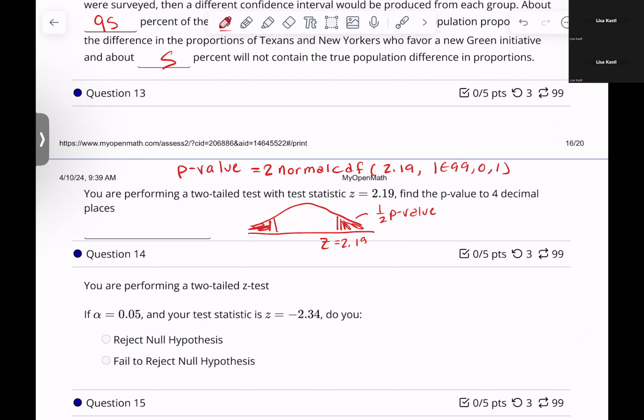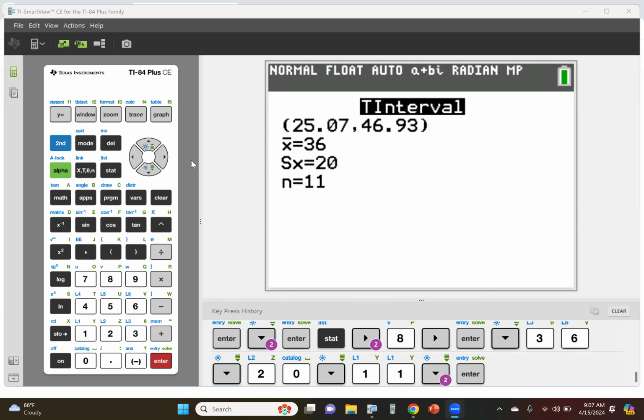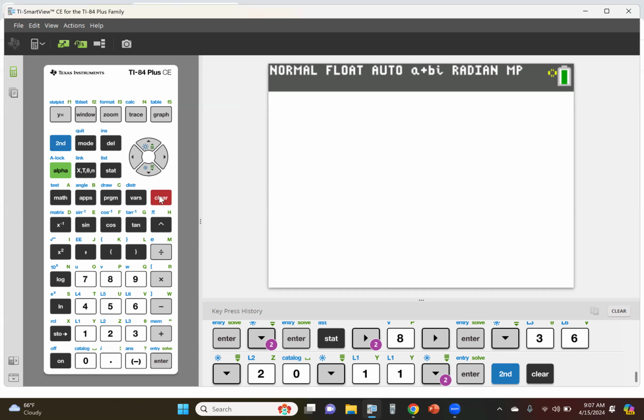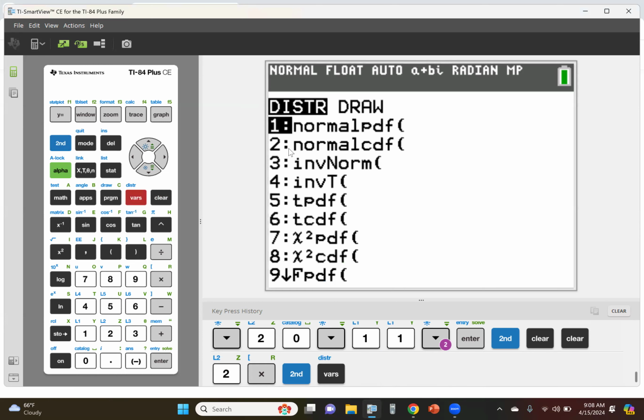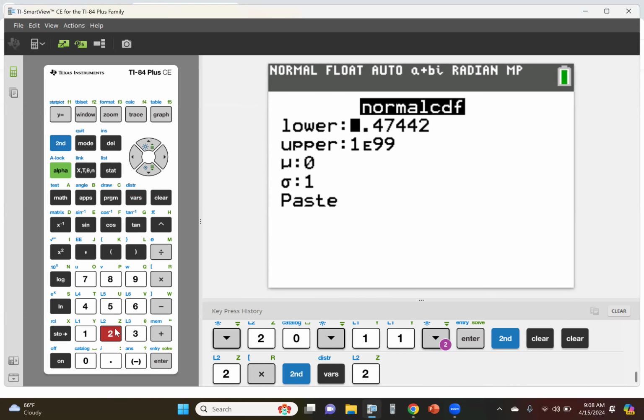We run that test so much that we forget how to do a p-value by hand. So we're going to go to our distributions. Actually, let me clear this out of here. Let me put 2 times, and then we're going to go to our distributions, and we're going to do a normal CDF number 2.